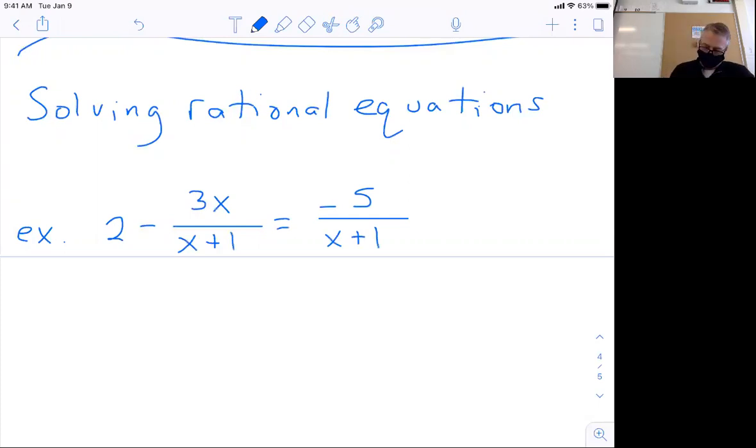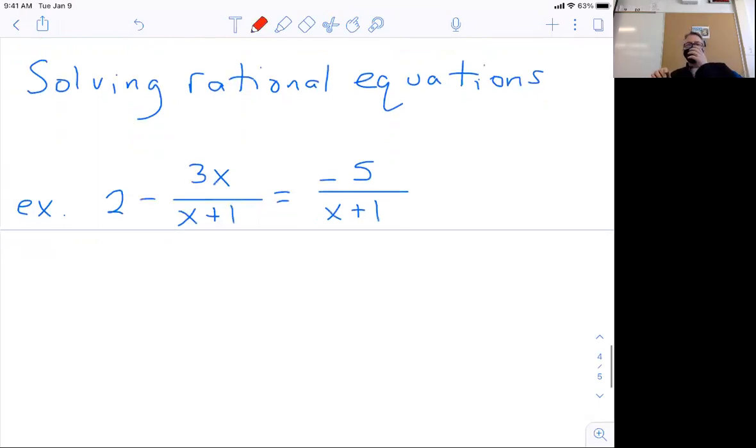All right, so when you are solving rational equations, if you were going to pay attention today for 1 minute, this would be the 1 minute to pay attention, because all rational equations use the same method. Here it is. You are going to multiply everything by the common denominator.